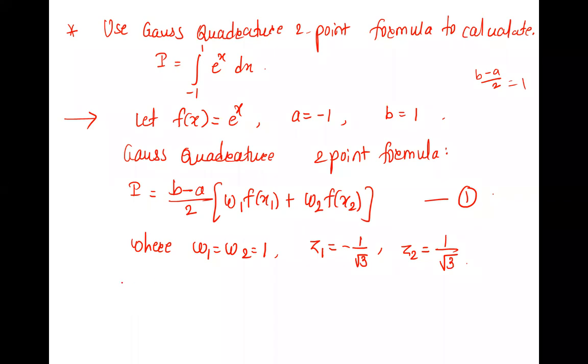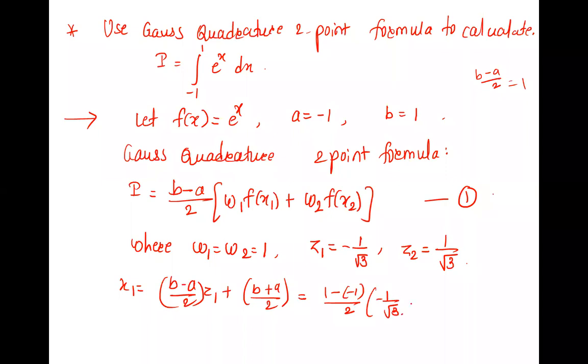Find x1. x1 is b minus a by 2 into z1 plus b plus a by 2. So b minus a, 1 minus minus 1 by 2 into z1, minus 1 by root 3, plus 1 plus minus 1 by 2.